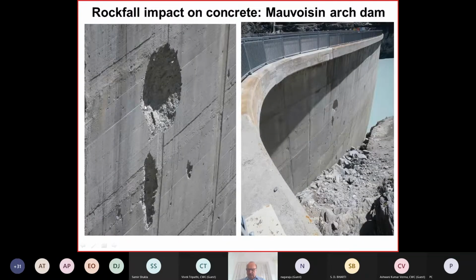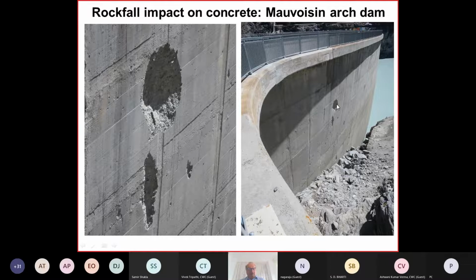And as you can see here, we have the impact of these blocks on the concrete of this arch dam. This is just a close-up of these impact craters, these two, and you see here still some of these blocks. They are maybe 50 centimeters deep, but it was not critical for this dam, because the dam here was about 14 meters thick.